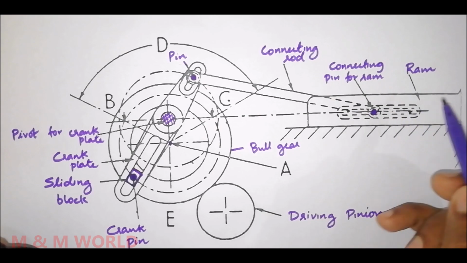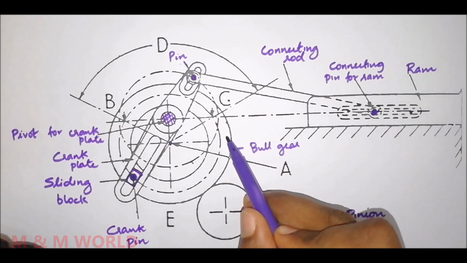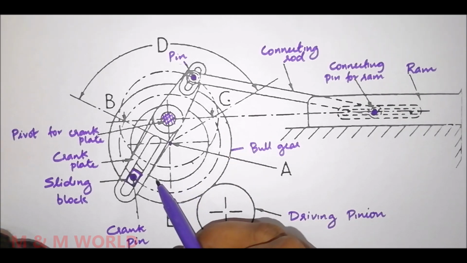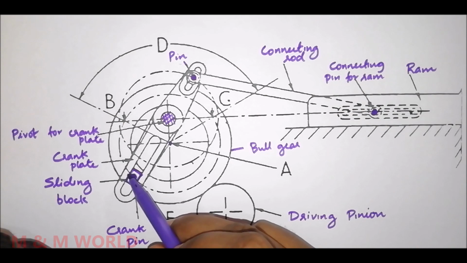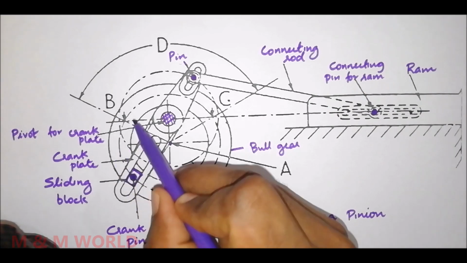So when the bull gear rotates at constant speed, the crank pin along with the sliding block will rotate on the crank circle.